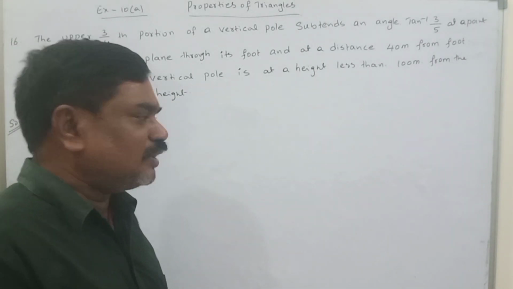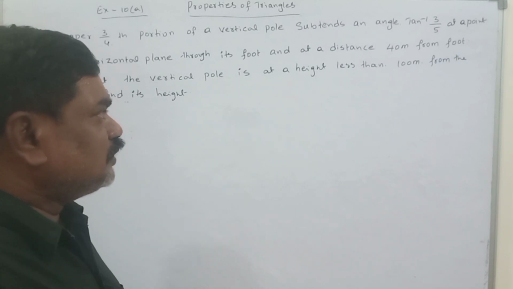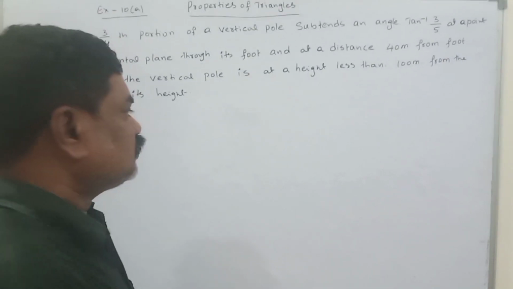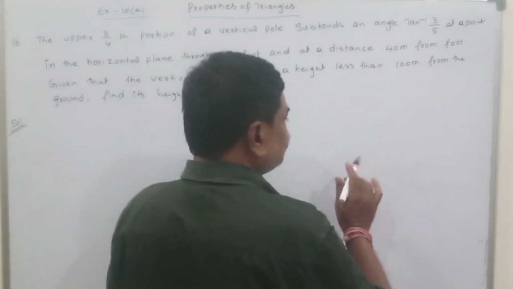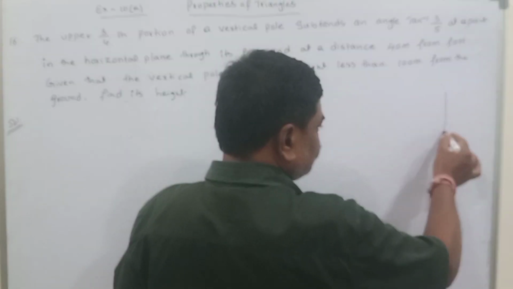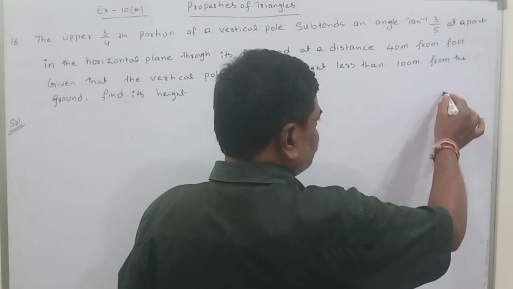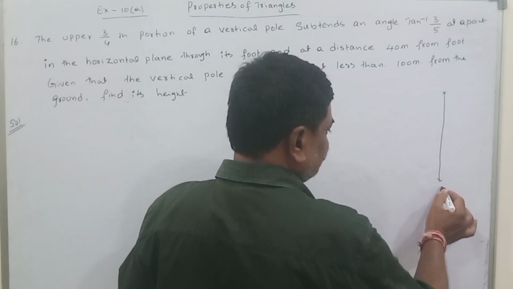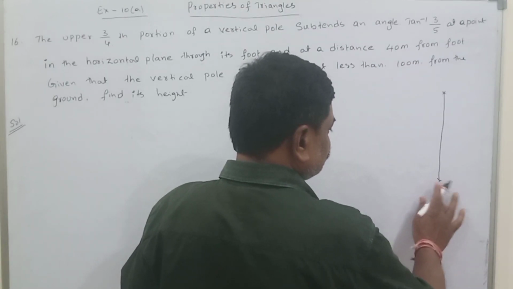We have to draw the diagram from this given data. So, what is first given? One pole is given. Let us call this PQ.